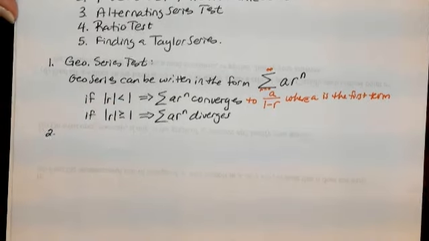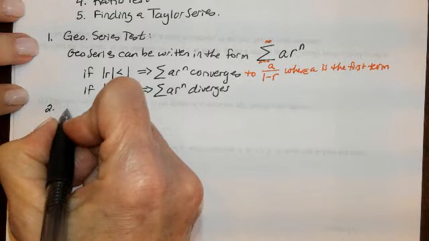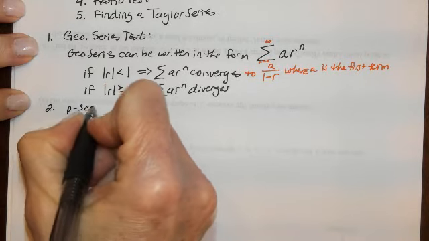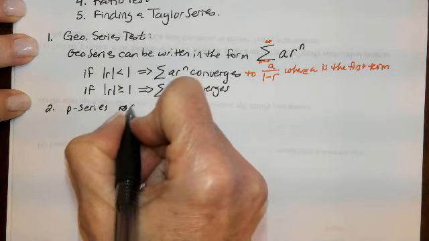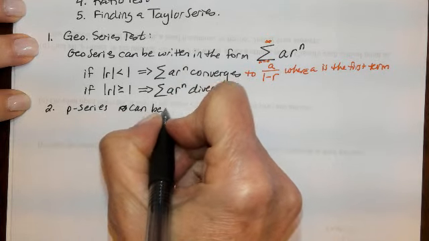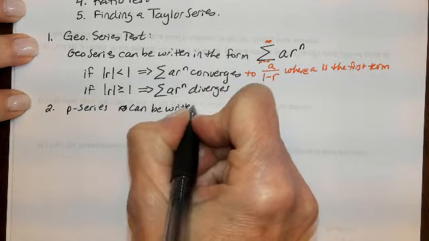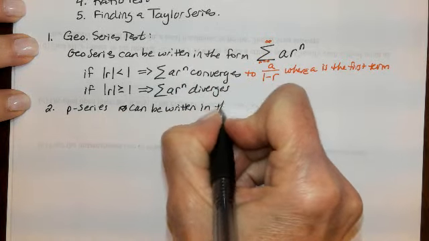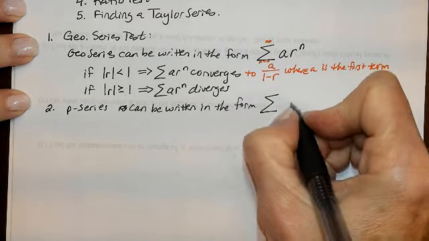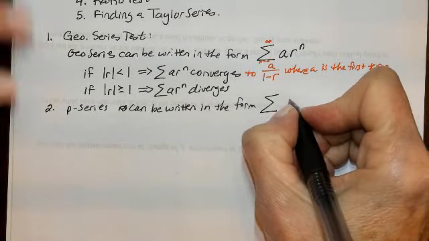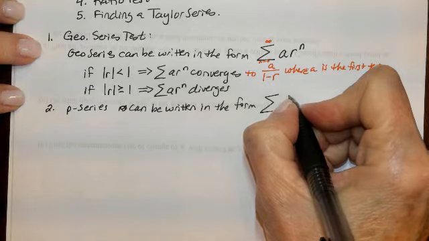All right, next up, the P-series. Okay, so first of all, let's say what a P-series is. So a P-series can be written in the form, got your sum, and then it's some number.